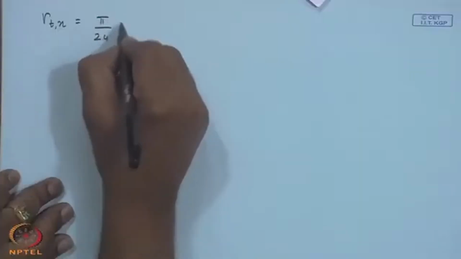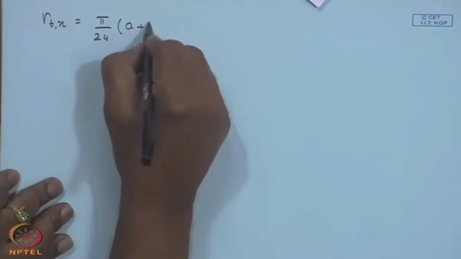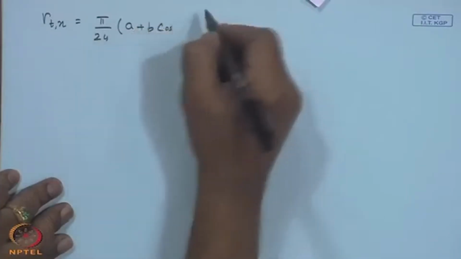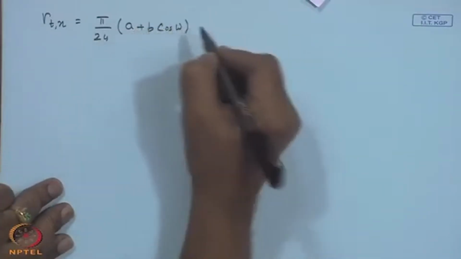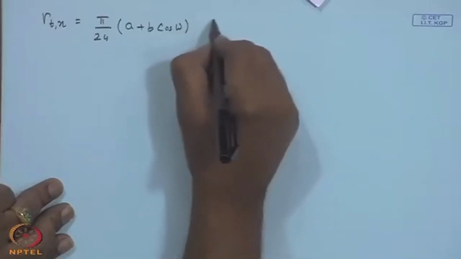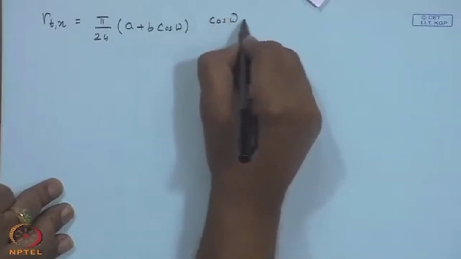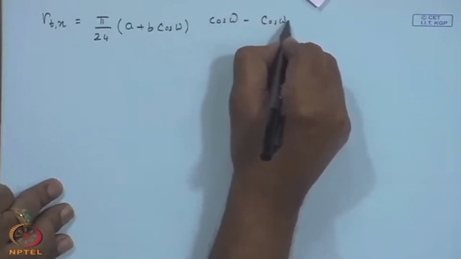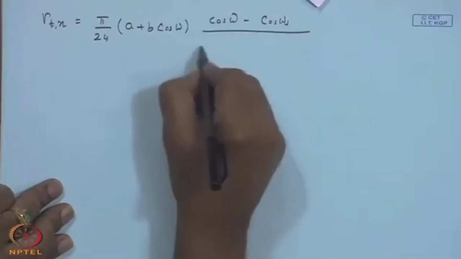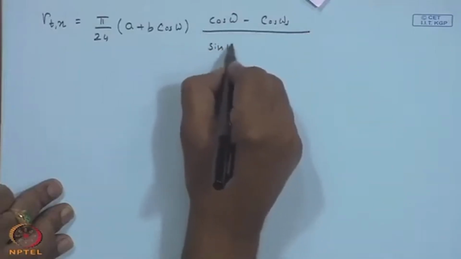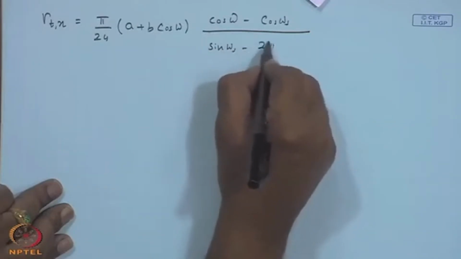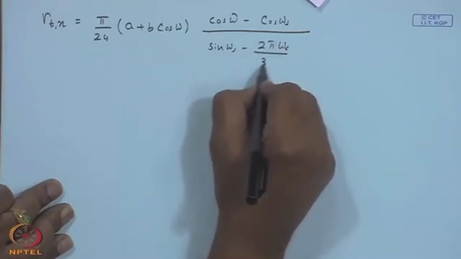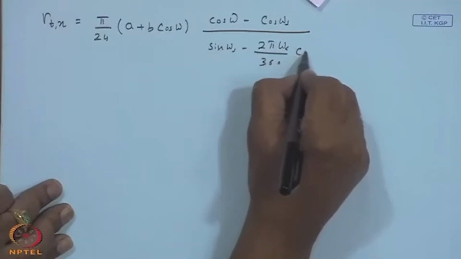R T n is pi by 24 times (A plus B cos omega). Again, Collares, Pereira and Rabl, these relations which we have written earlier: cos omega minus cos omega s by sin omega s minus 2 pi omega s by 360 cos omega s.